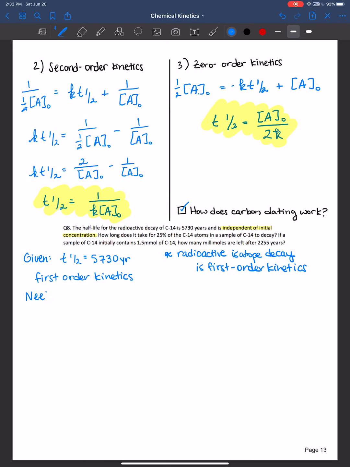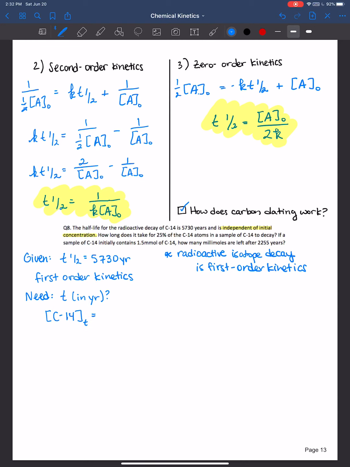We need to find how long it takes. So we need the time in years, since we're working with a very slow process, for the carbon-14 to decay 25%.